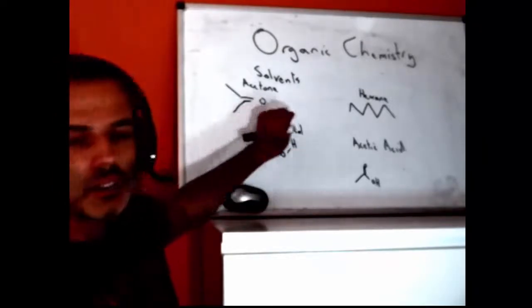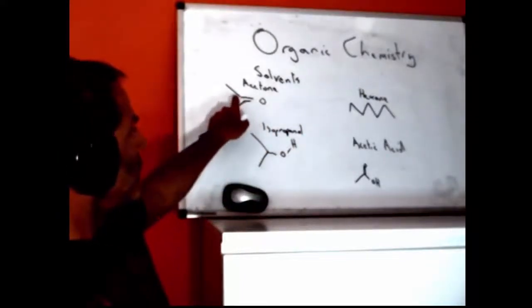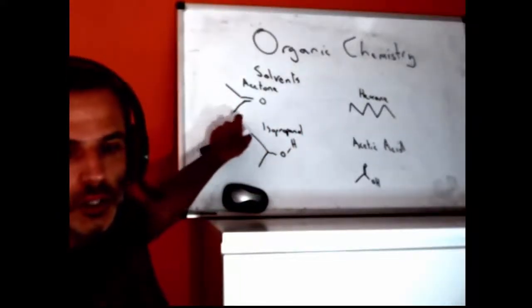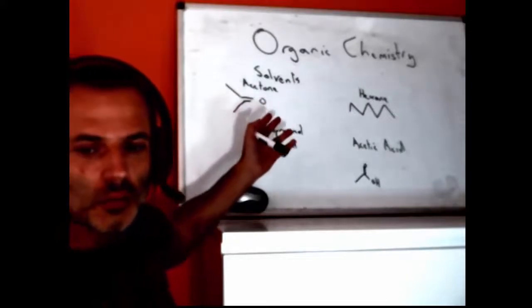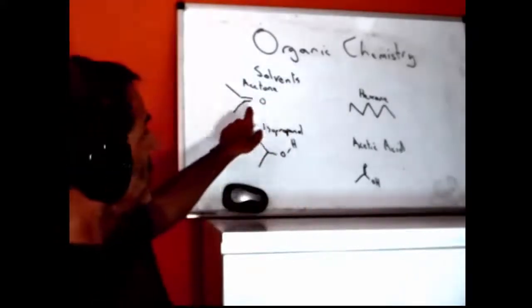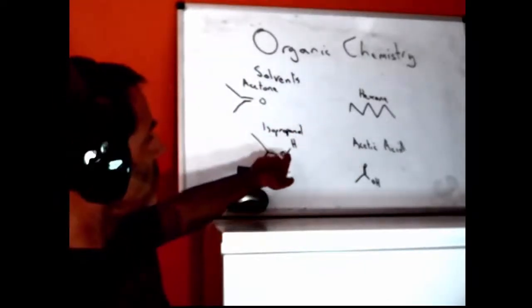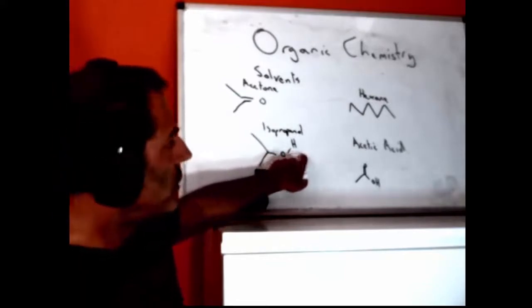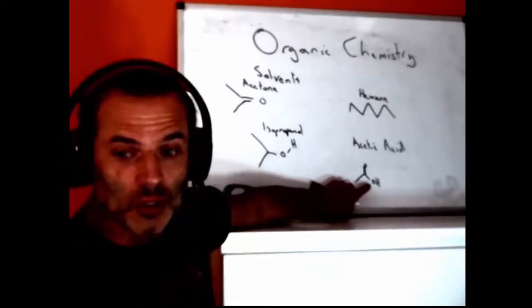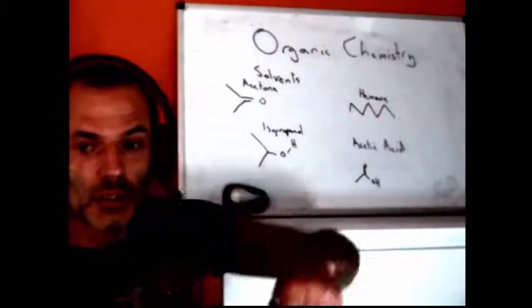If we put it into acetone, it is a lot harder because the protons on here, the hydrogens on here, are not very acidic, so it's a lot harder to remove them. It is possible to remove them if we work really hard, but it's a lot harder to remove the protons on acetone than it is to remove this one on isopropanol, and it's extremely much more easy to remove this hydrogen from acetic acid.